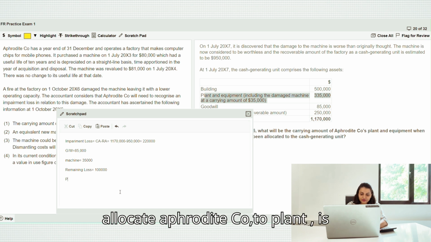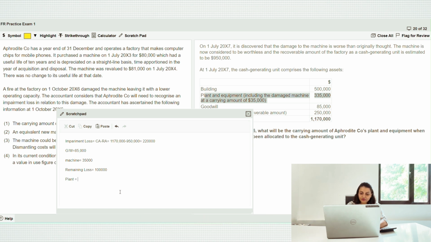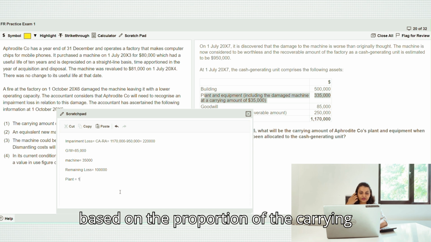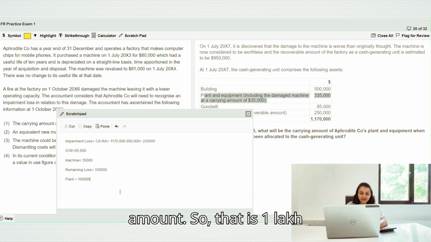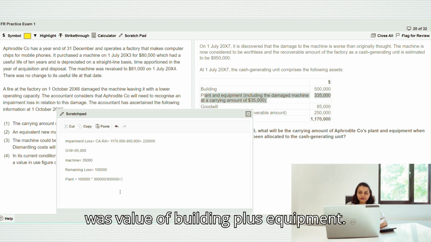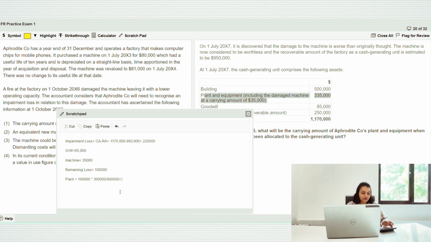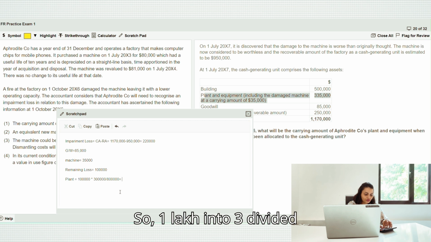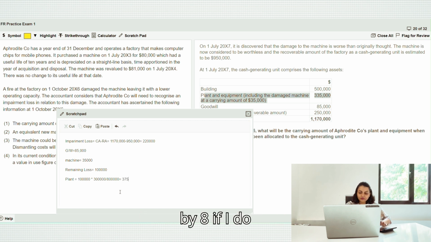How I will allocate to plant is based on the proportion of the carrying amount. So that is 1 lakh into 3 lakhs divided by 8. How I got 8 was the value of building plus equipment. So 1 lakh into 3 divided by 8 gives 37,500.